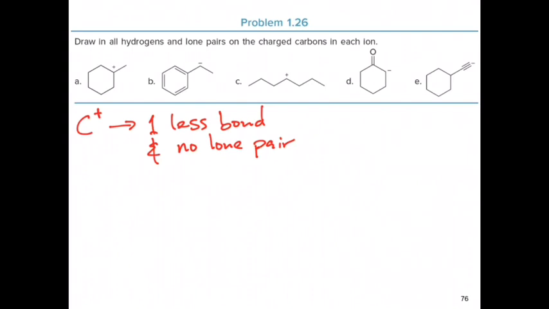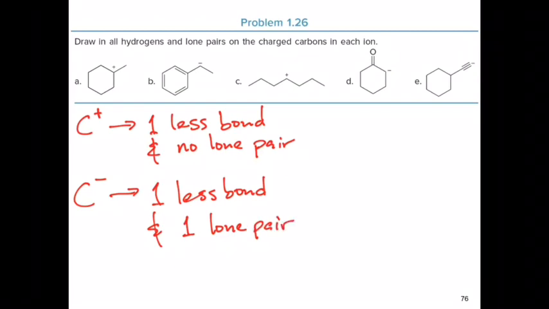Whereas a carbon with a negative charge has 1 less bond and 1 lone pair. So this actually has a lone pair. So when it says 1 less bond, it means 1 less bond compared to a tetravalent carbon with 4 bonds.